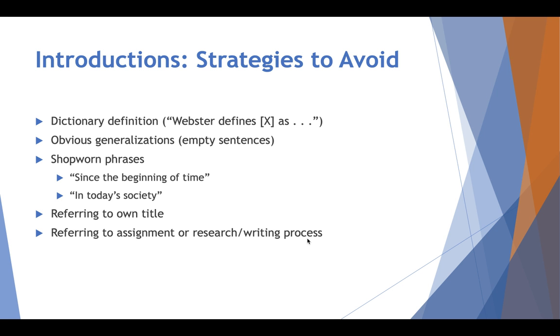And it's also a good idea for most papers, don't refer to the assignment itself and don't refer to your own research or writing process. Your readers don't really need to know how you got to your topic. And they're not familiar with your assignment. Remember, you're writing for a general academic audience. They have no idea what the assignment is and don't need to know that you're writing for an assignment at all.